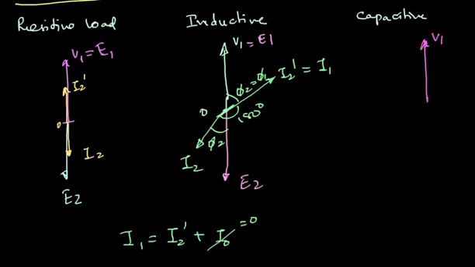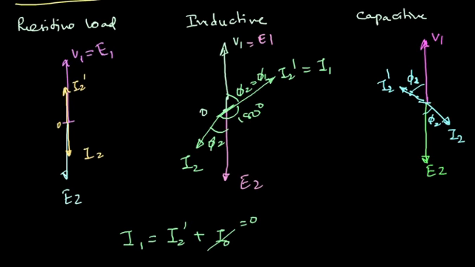So this is V1, this is E2, and for capacitive load the current will be leading. So this is I2. Exactly opposite I'll get I2 dash, and this angle is phi 2, this angle is phi 1, which is also equal to phi 2, and that's it.